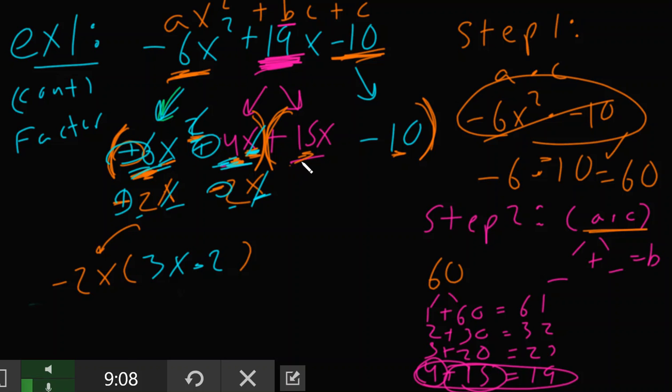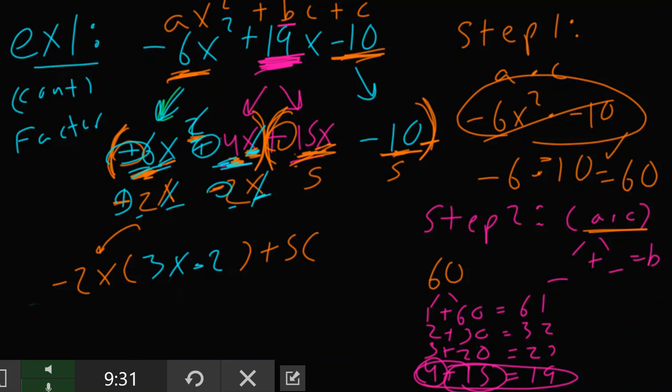Okay. Let's take a look here at positive 15x and negative 10x. Notice it's positive, so we're going to pull out a positive term. 15 and 10 can both be divided by 5. Since this has 1x to give, but this has no x's, we're not going to take out an x. We're just going to pull out this positive 5.